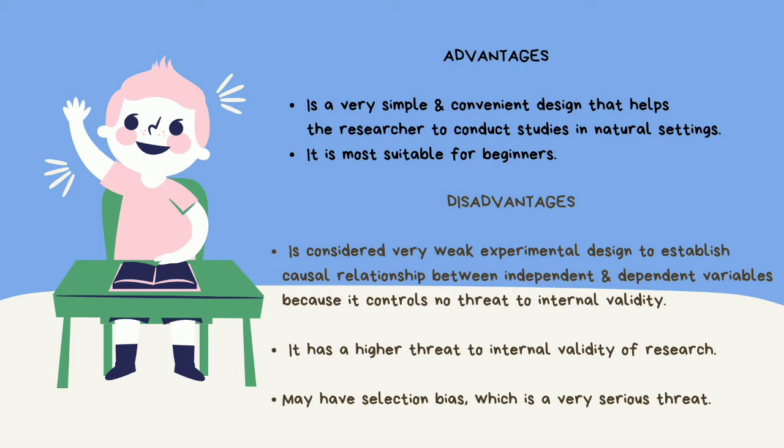For the disadvantages, it is considered a very weak experimental design for establishing a causal relationship between independent and dependent variables because it controls no threat to internal validity, and it has a higher threat to the internal validity of research. The last is that it may have selection bias, which is a very serious threat.